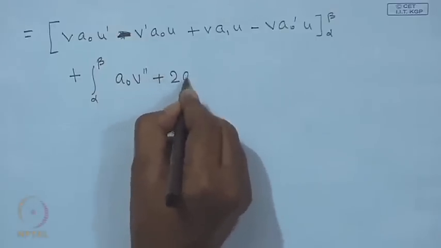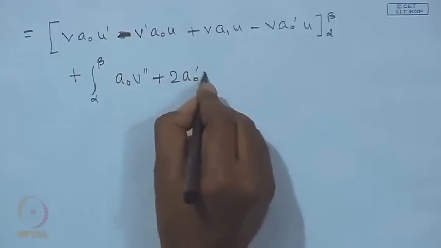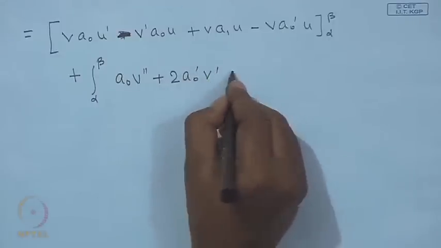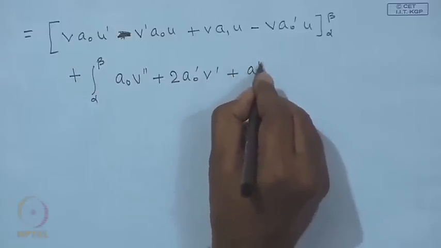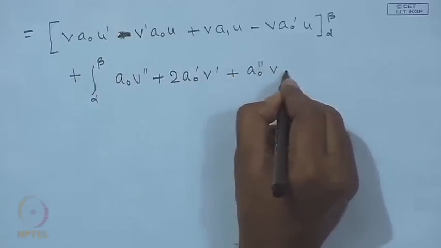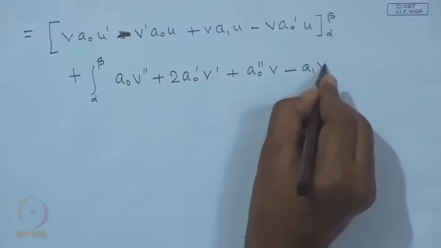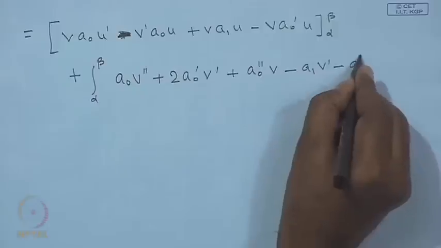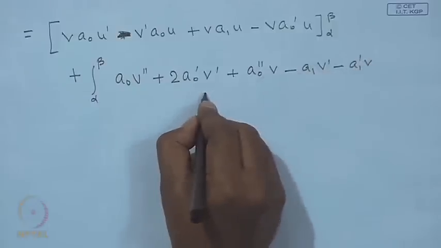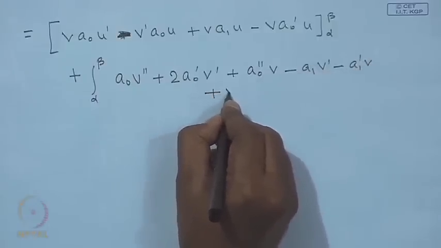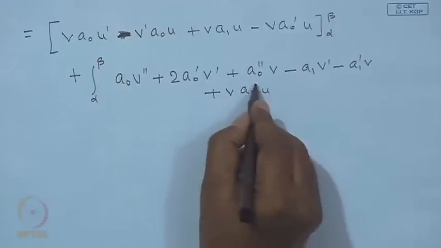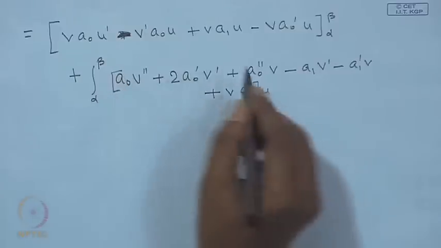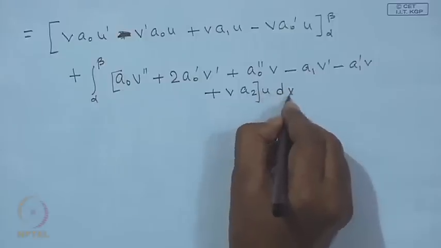So, this becomes 2 a 0 prime v prime plus a 0 double prime v minus a 1 v prime minus a 1 prime v plus v a 2, and all of them will be multiplied by u times dx.